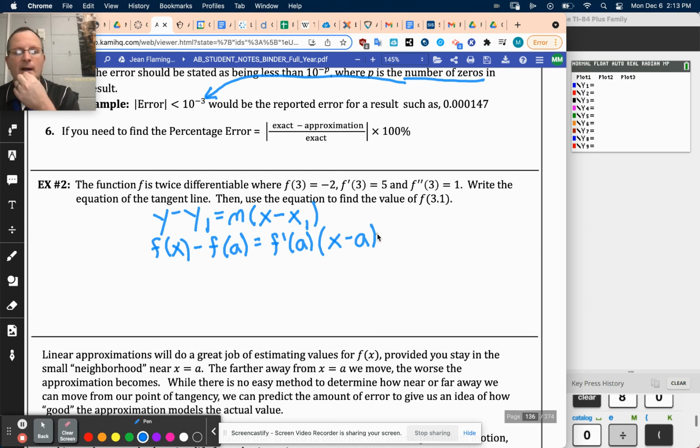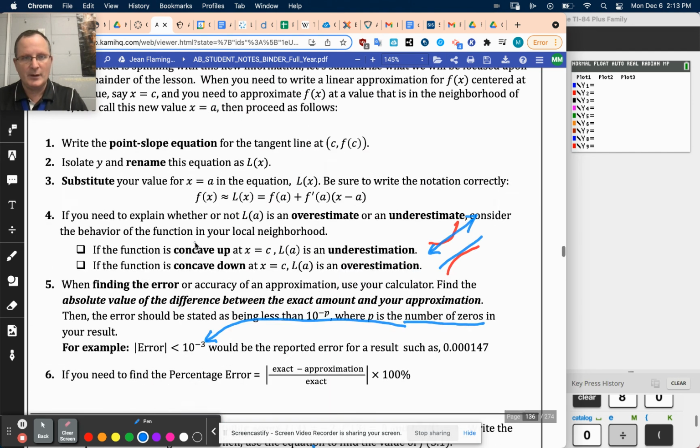And so in this case, the equation of the tangent line, what did they call that earlier? I want to call it the same thing.